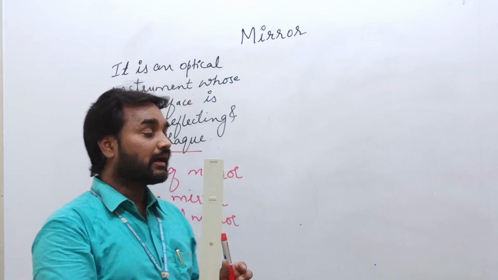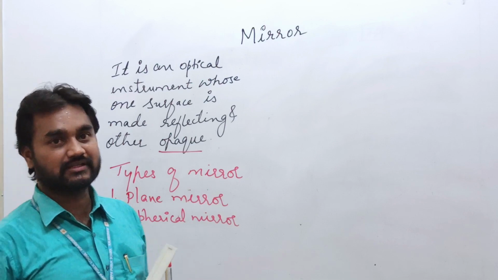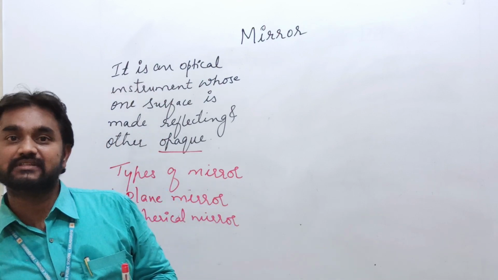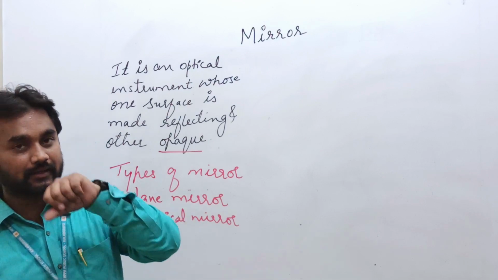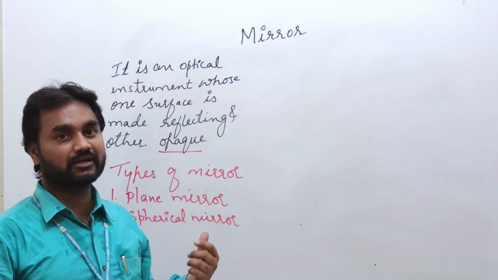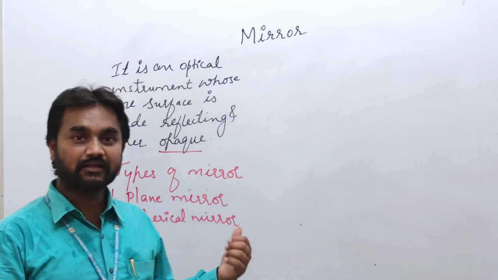The mirror whose reflecting surface is flat or plane, we call it a plane mirror. The mirrors that we use at our house are plane mirrors. In a jewelry shop, to see how the jewels look on us, they use a plane mirror.